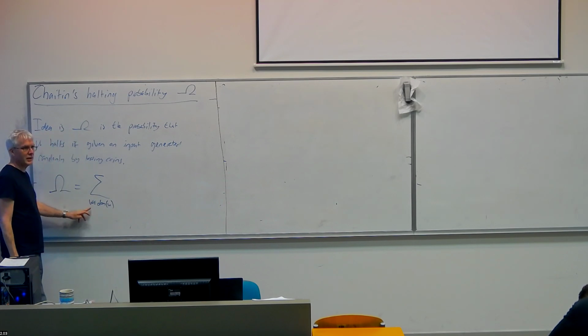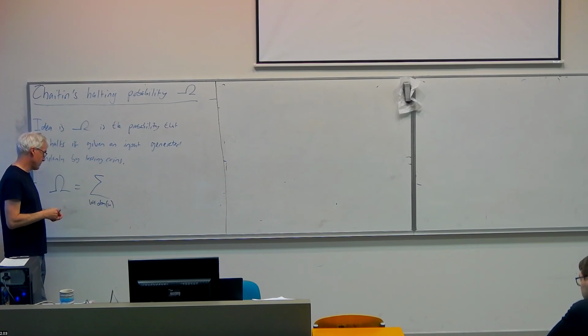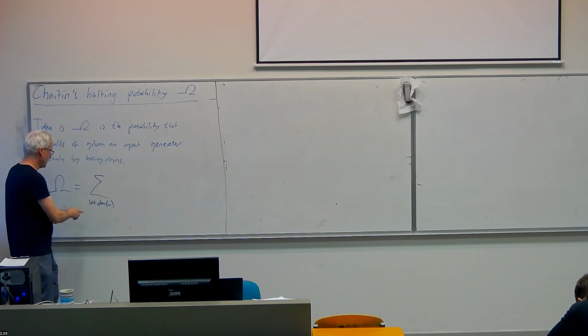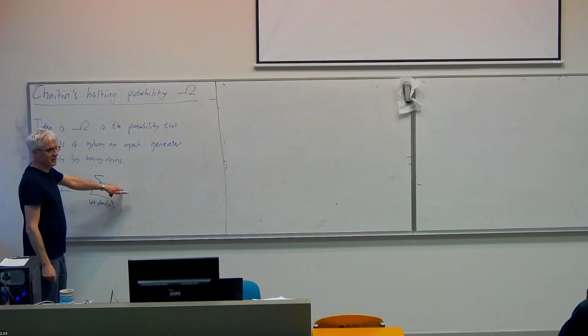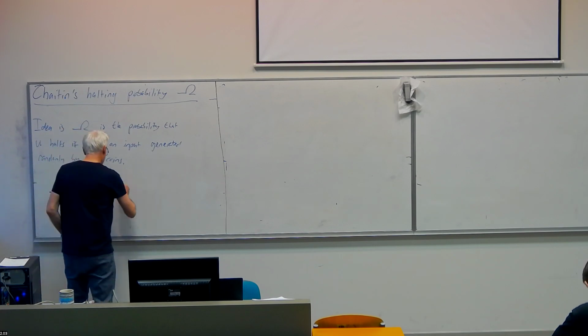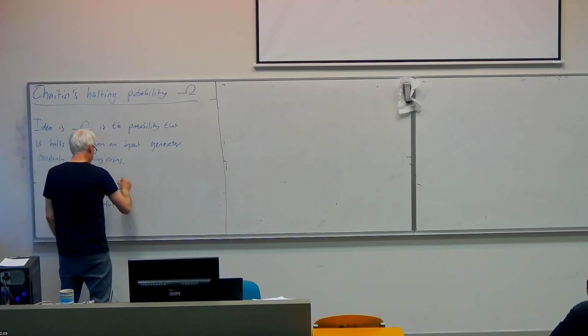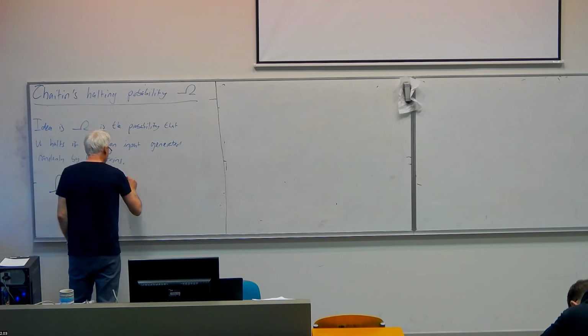For any word, we got it by tossing a coin length of W many times. So the probability of us getting that word was 2 to the minus the length of W. So it's the sum of these for all words in the domain.